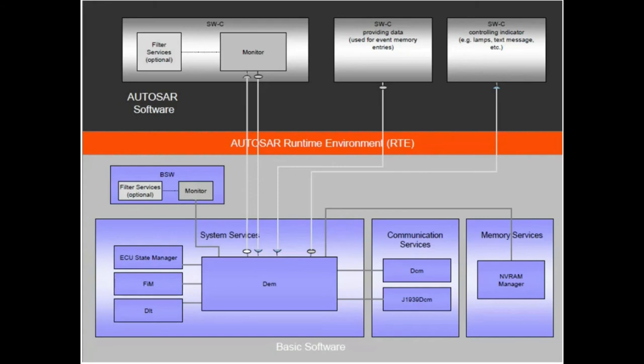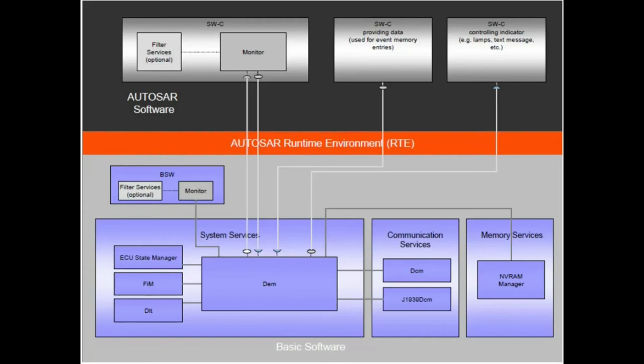What is the job of the DEM then? First, I will configure one DEM event. I will link that DTC to one DEM event. The people who are working in the embedded or automotive domain should know what DCM and DTC are. I will explain all those things in my upcoming videos. DTC is nothing but Diagnostic Trouble Code.